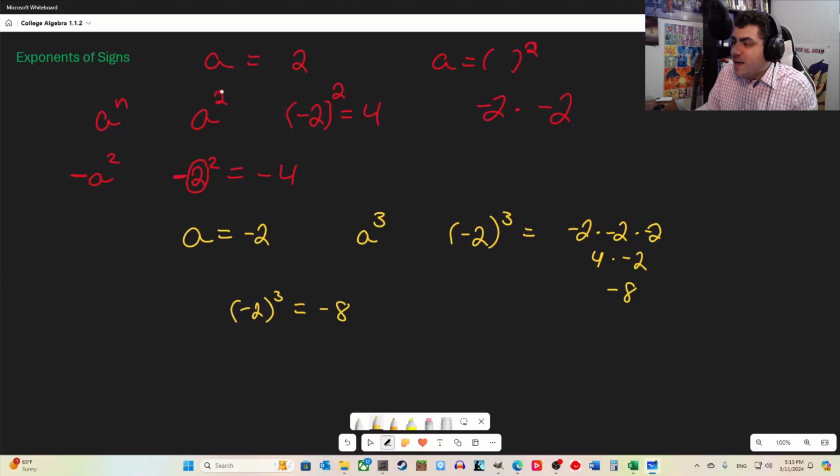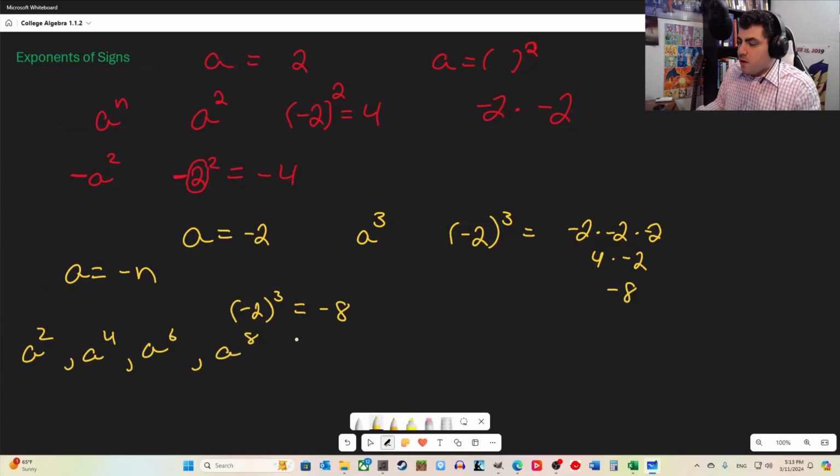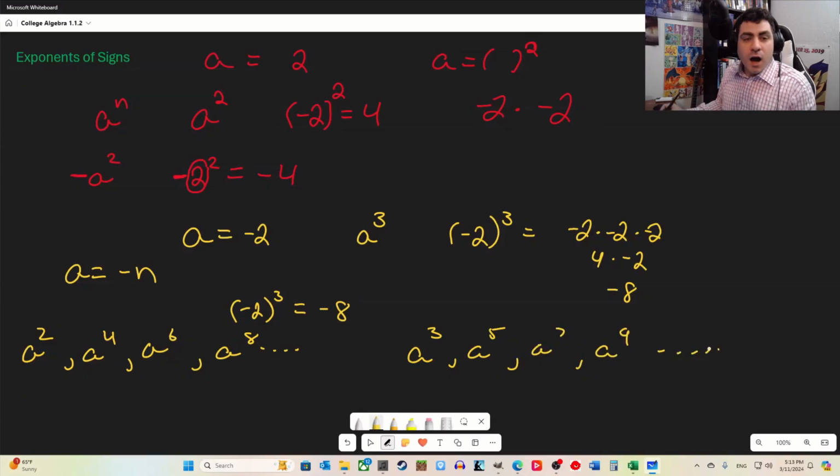If you have an even exponent and a equals a negative number, then a squared, a to the 4th, a to the 6th, a to the 8th, it doesn't matter, it will be a positive number. But if a is a negative number and you have a to the 3rd, or a to the 5th, a to the 7th, a to the 9th, or any other odd number, it's going to be a negative number. That even-odd situation follows throughout all of algebra and calculus. So this is something to remember.